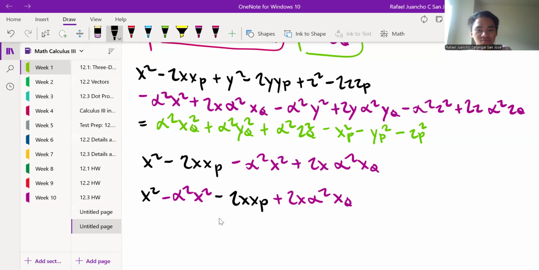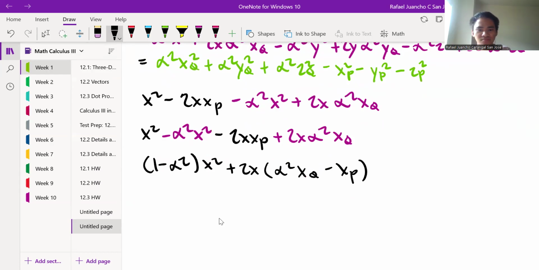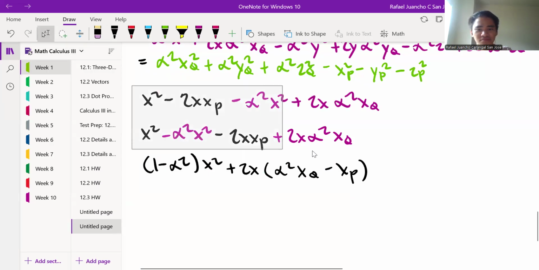Then from here, we can pretty much factor out the x squared. So this is 1 minus alpha squared, x squared. Here we can factor out the 2x. And so this is alpha squared x cubed minus xp. Amazing. So we managed to do that.